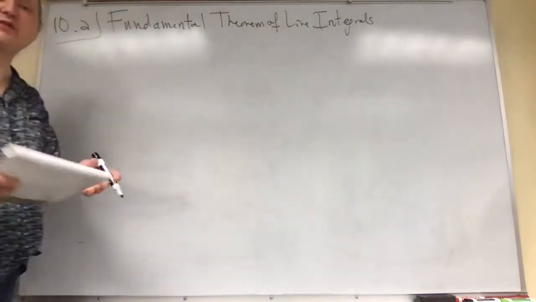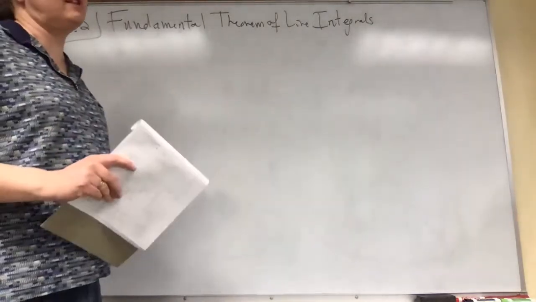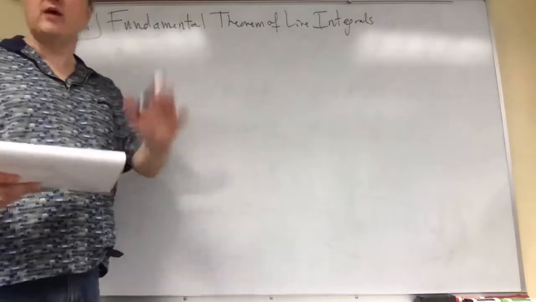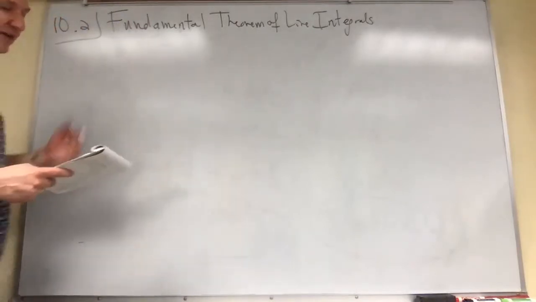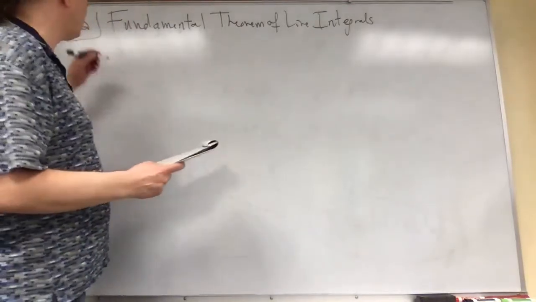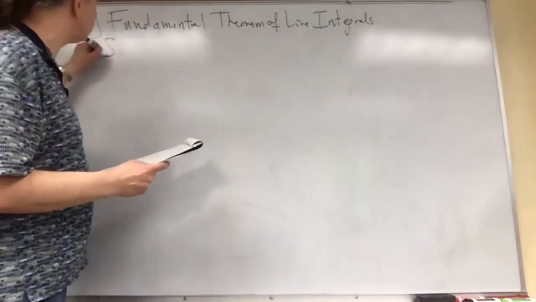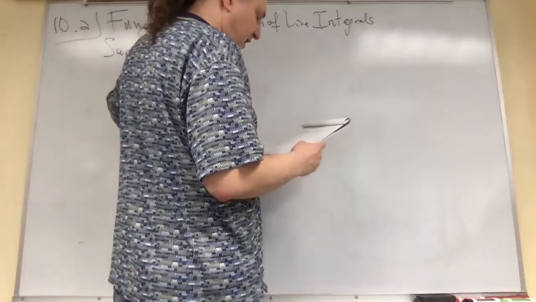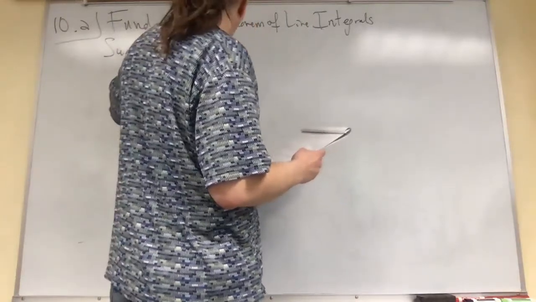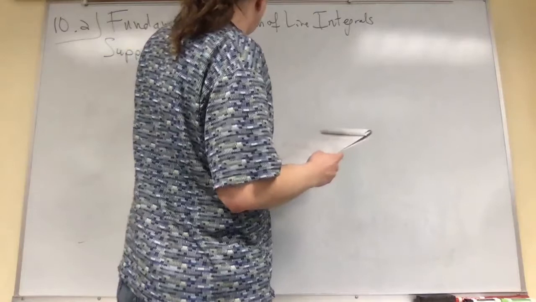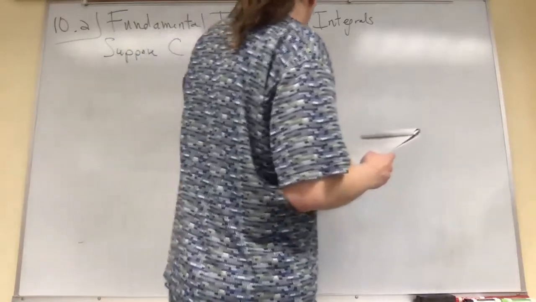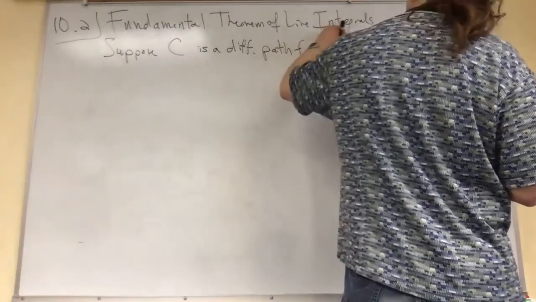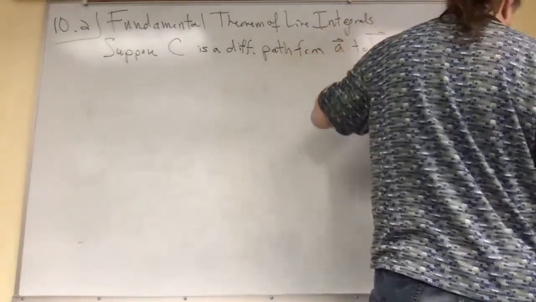And I did actually prove that sometime in recent history while I've been slowly working through chapter 10. So we know that's true, and you also have known it for a long time. All right, the fundamental theorem of line integrals says, suppose C is a differentiable path from A to B.